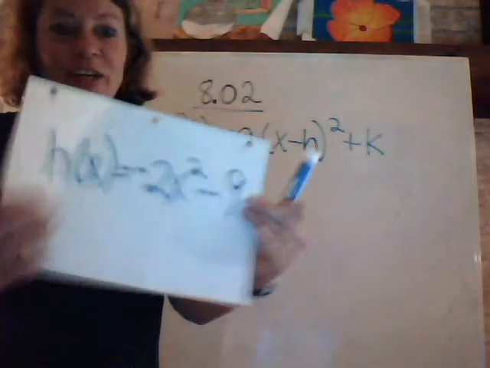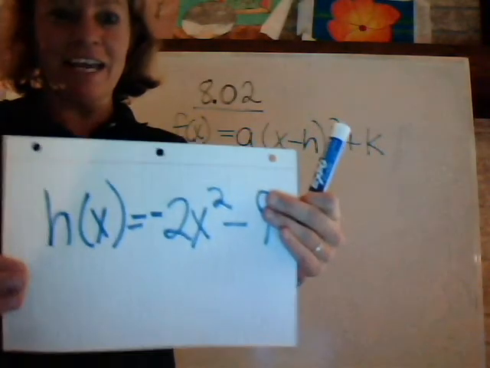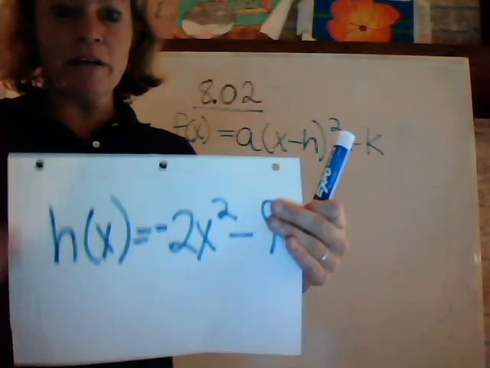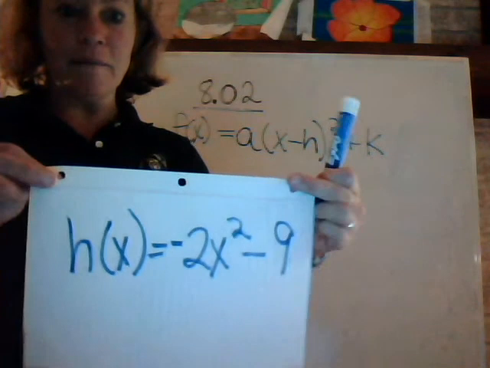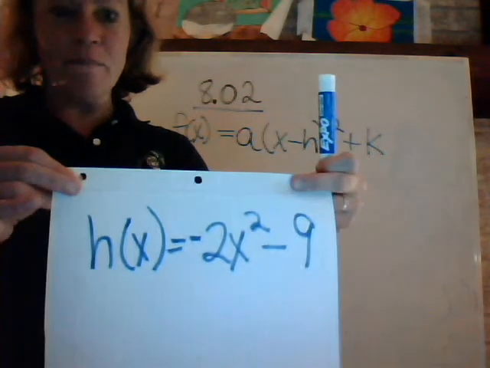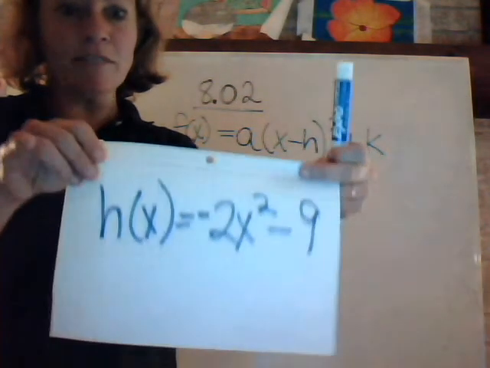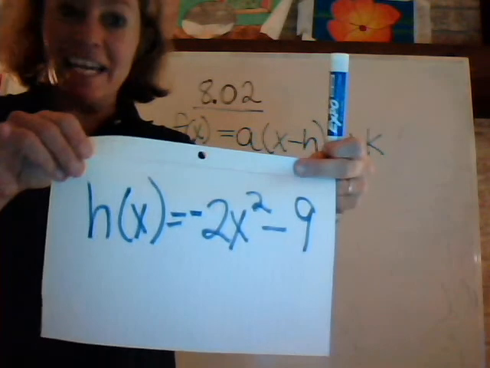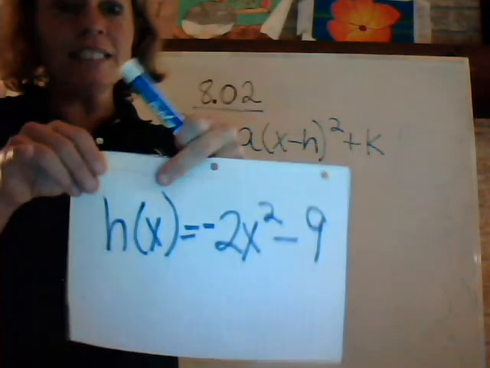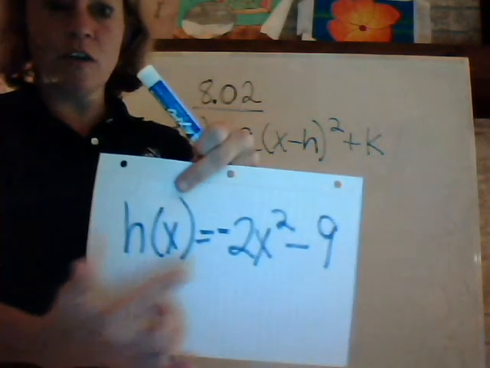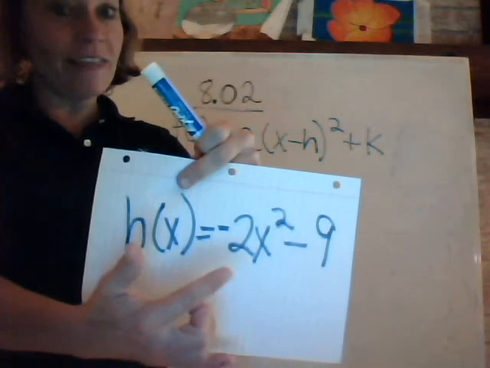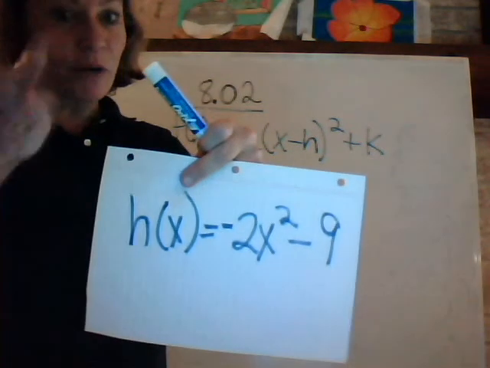Okay, next one up. A little trickier. Okay, here's our function. Negative 2x squared minus 9. Okay, what's a? You can pause if you need to think. a is negative 2. What's inside the bracket for h? What's inside the squared? Nothing, so it's 0.